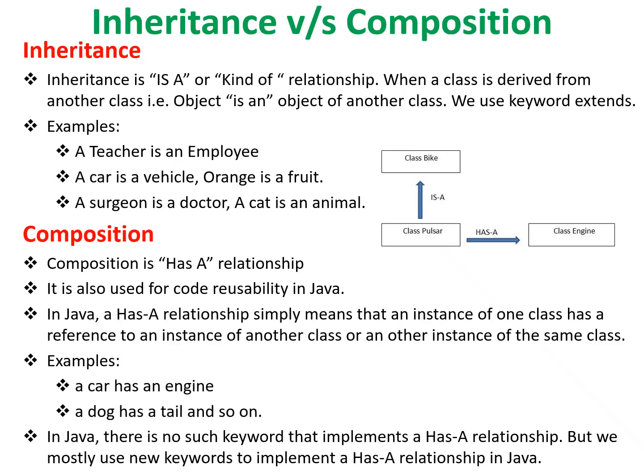For example, a car has an engine, a dog has a tail, and so on. In Java, there is no keyword for a has-a relation, but we mostly use the keyword new.